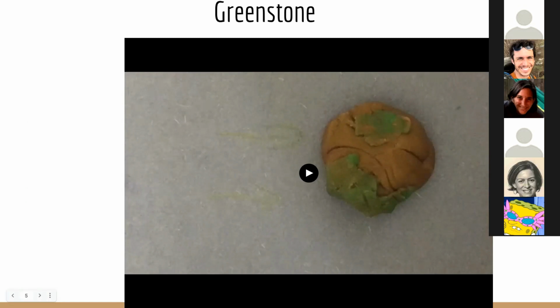It rearranges the particles and changes some of the chemical composition. This one is metamorphized with hot percolating seawater, and that's what helps the metamorphosis. And the mineral that gives it its green color is either chlorite, hornblende, or epidote, and it's formed during the early stages of metamorphism.